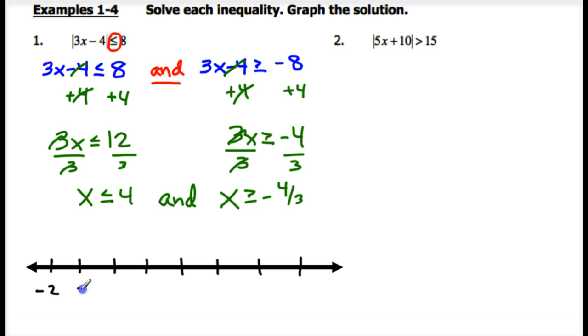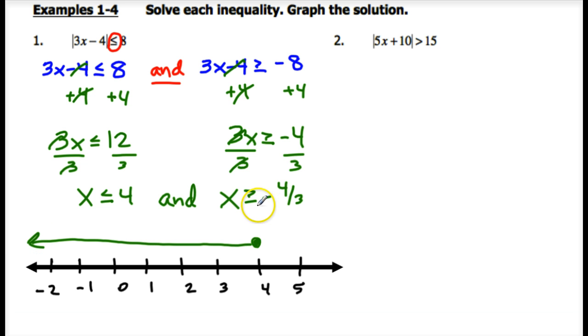So negative 2, negative 1, 0, 1, 2, 3, 4, and 5. So we're going to do a closed dot on 4, and then that would be shaded to the left. And then here we're going to do a closed dot on negative 4/3, which is about negative 1 1/3. So that would be about right here. Just a little left of negative 1.